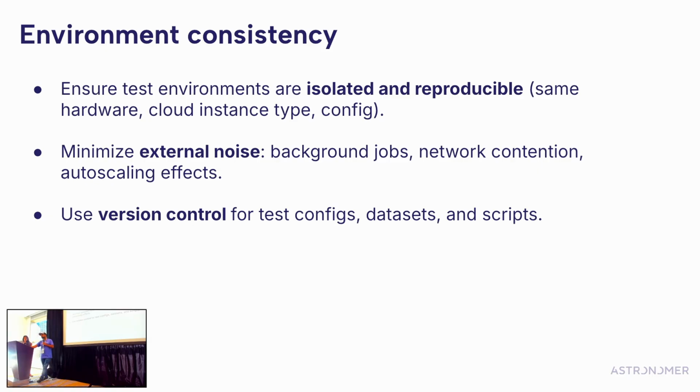So try to ensure that your environment is as close to prod as possible. I'm not saying we should always use prod, but we can create a staging environment, which is kind of a replica, and we can mimic it. That is something we should always consider when doing performance evaluation. Also, have a configuration which is as close to prod as possible.